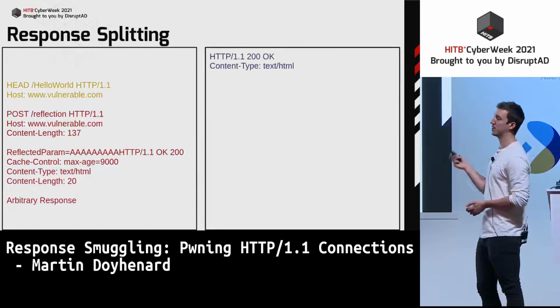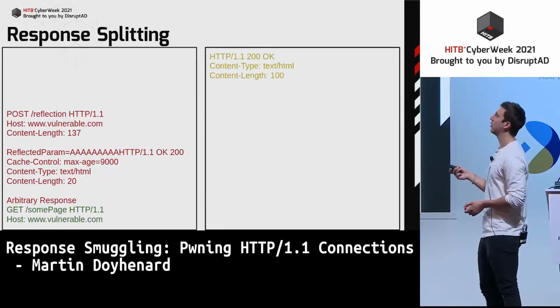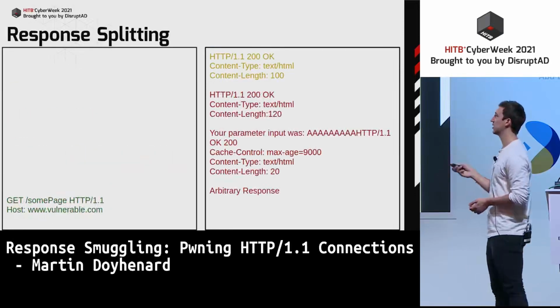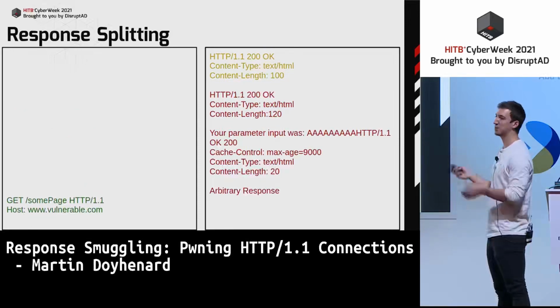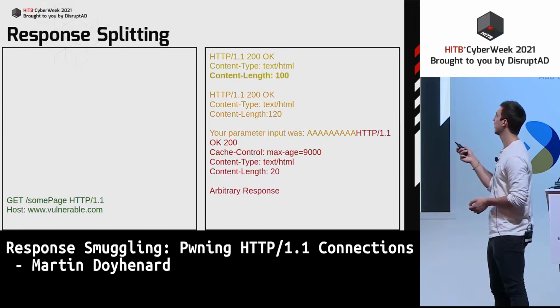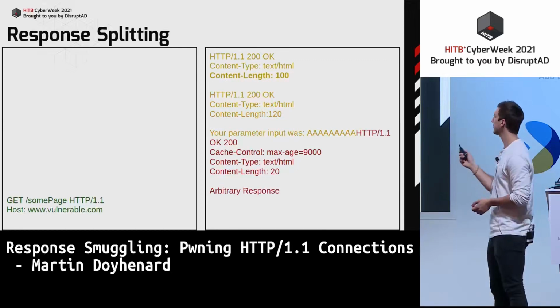The first response will be sent back to the attacker. The second response will be used as headers. And now this response, let's say I'm able to inject this or reflect this in the response. This response will be used as part of the body. So the first 100 bytes will be used as part of the body of this HEAD request.